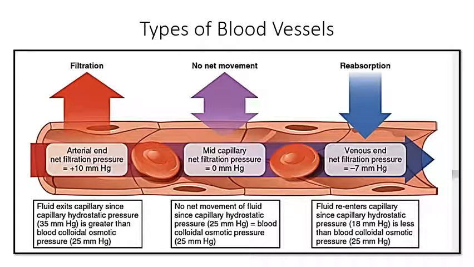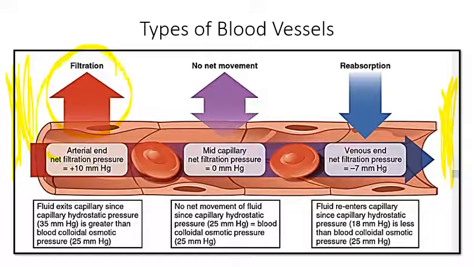Okay, so here on the left side we have the arterial side of the capillary, and on the right side we have the venule side of the capillary. So when blood enters the capillary from the arteriole, it has the highest hydrostatic pressure, and it actually pushes some of the serum out of the capillary into the tissues that are surrounding the capillary.